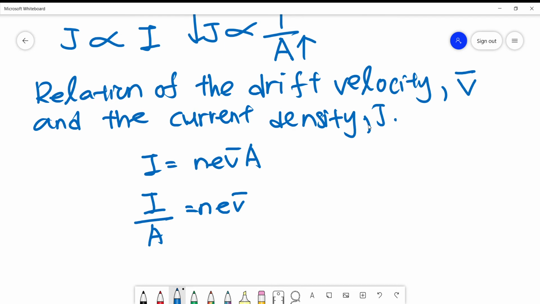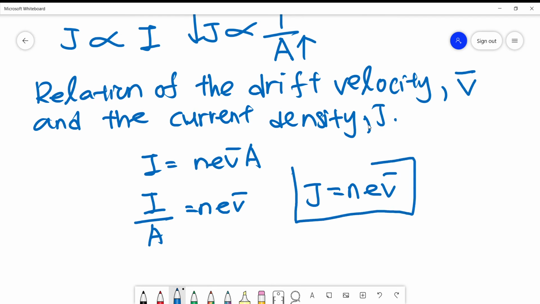I know that I over A is the J, so J equals nev. So I have proved that J has a relation with the drift velocity: J equals nev. I can say that J is directly proportional to the drift velocity.